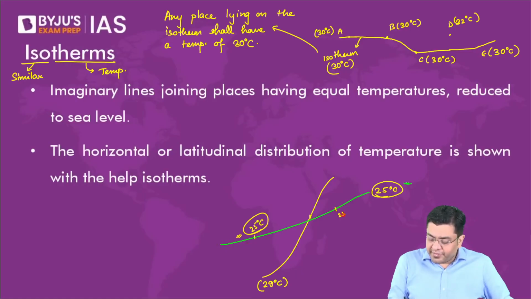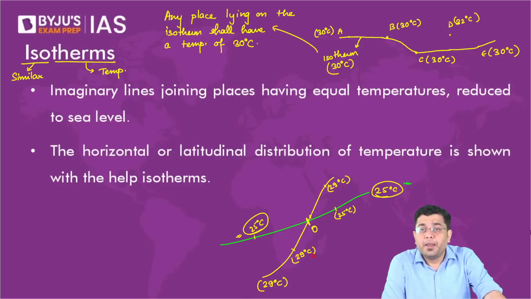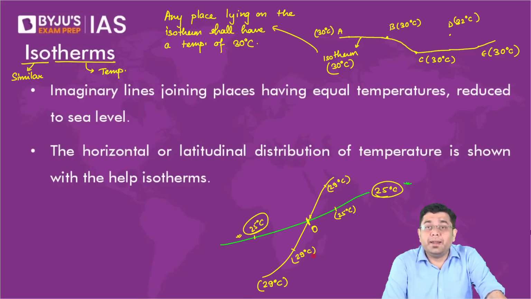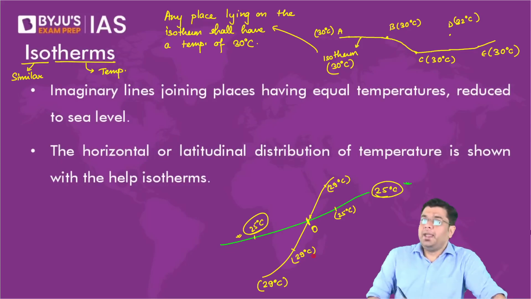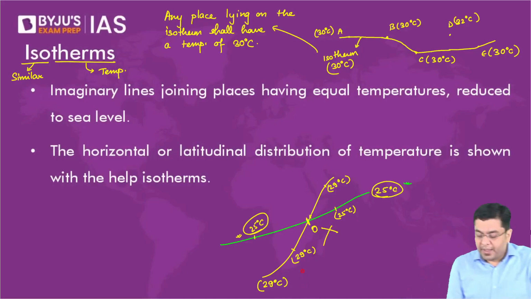Similarly, any place on the yellow one will always represent 29 degrees Celsius. Now, what about this particular place, let's consider O? Will the temperature be 25 or 29? The same place cannot have two different temperature conditions, can it? That is why the isotherms can never crisscross each other.